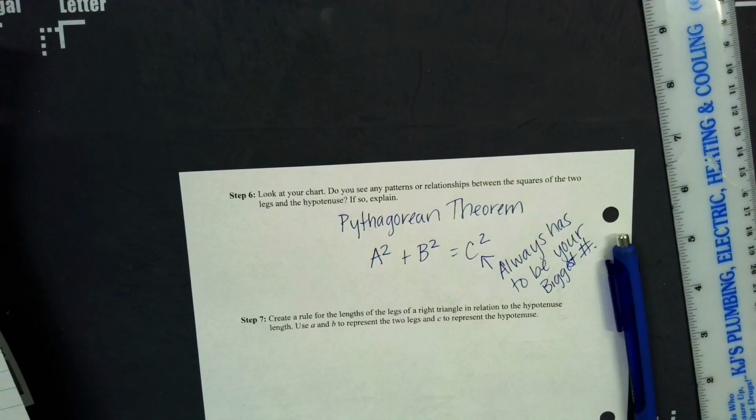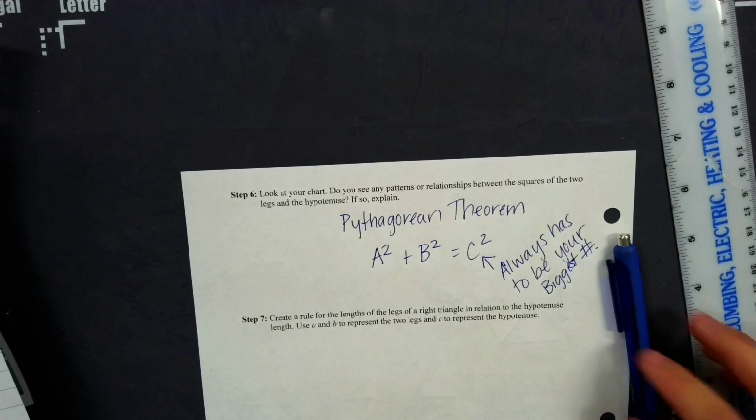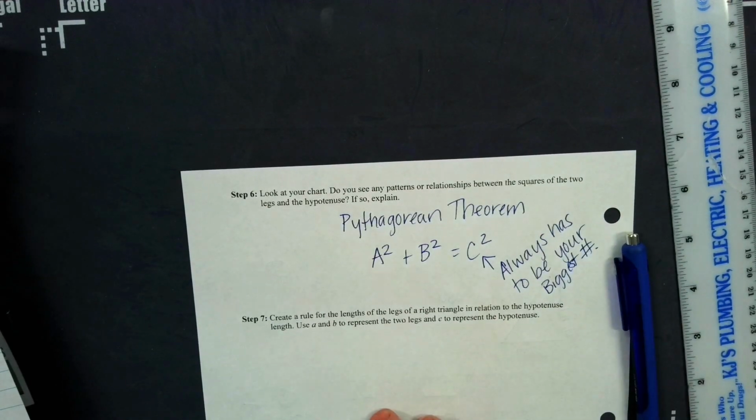Always, always, always. A and B don't matter. If A is bigger or B is bigger, that doesn't matter. But C always has to be your biggest number. Does that make sense? I would make sure I have all that written down because you are going to use it in absolutely every content objective in this unit.